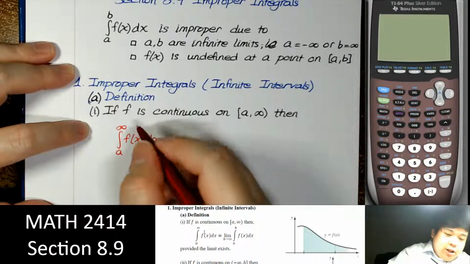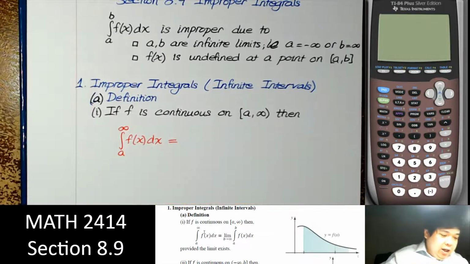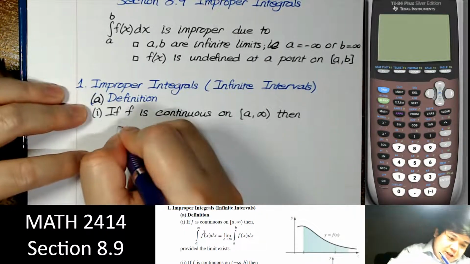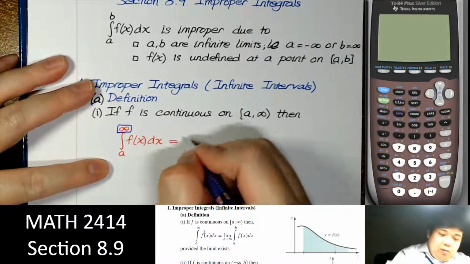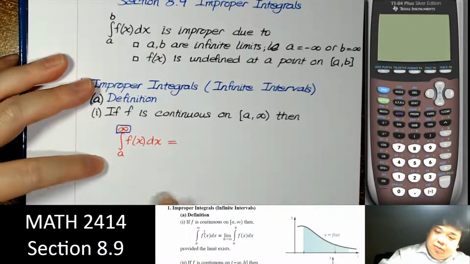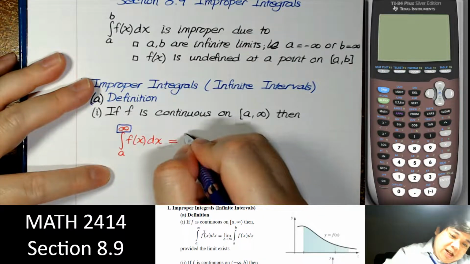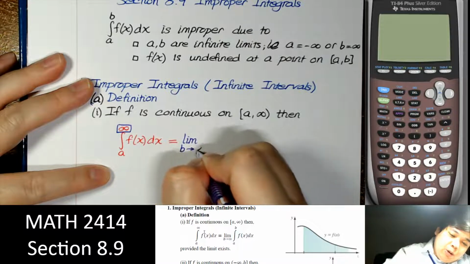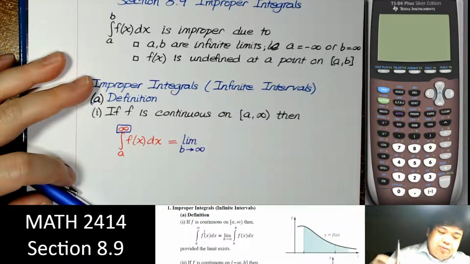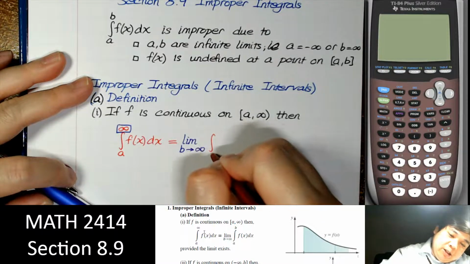So what we do is simply replace the infinity by b, and then take that limit as b goes to infinity, and in that case we still go from a to b.